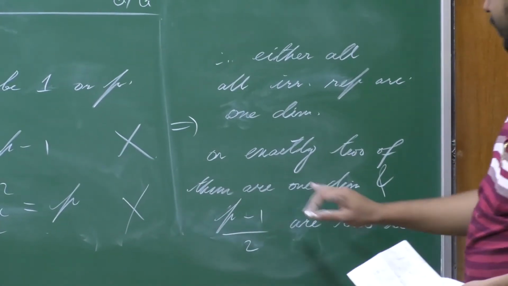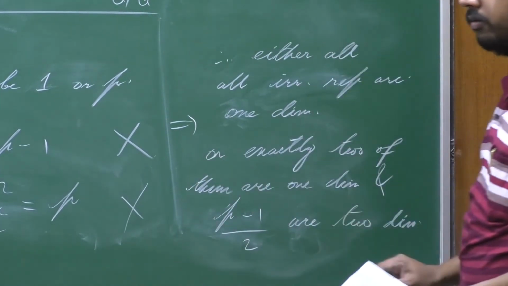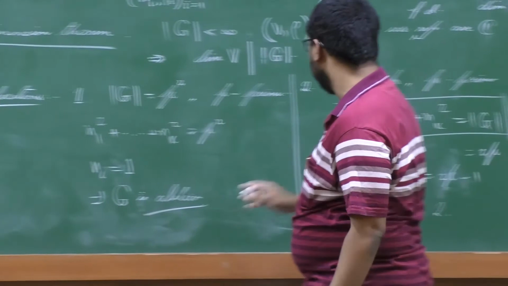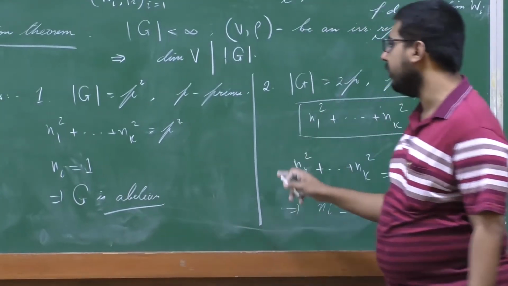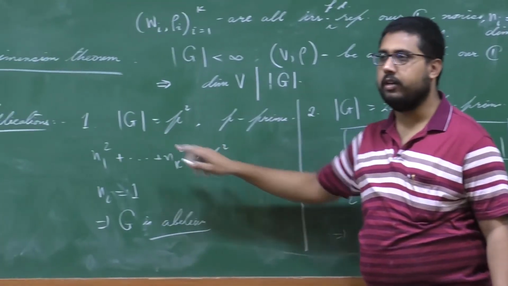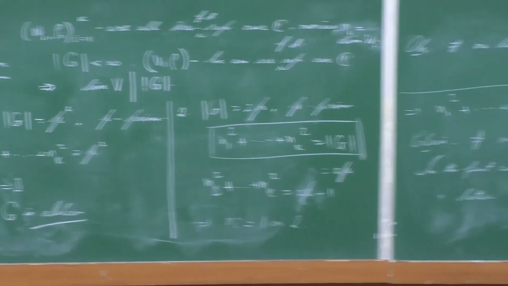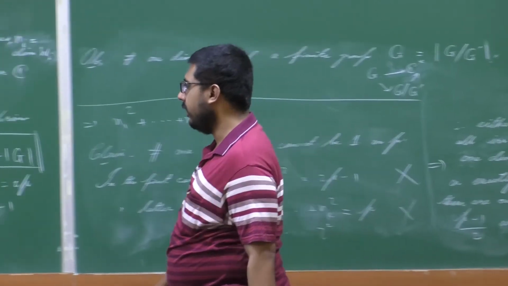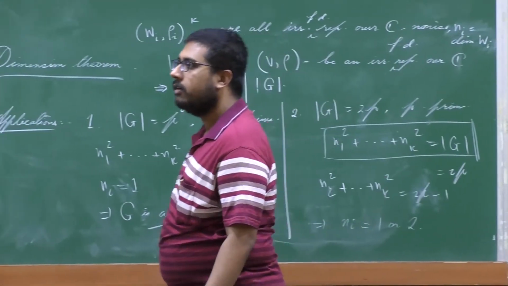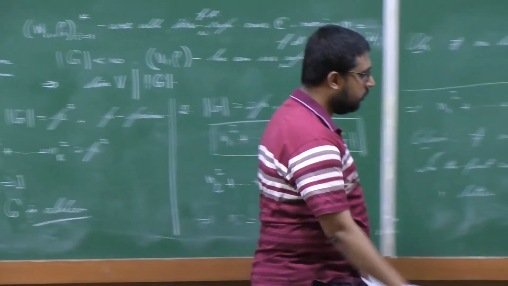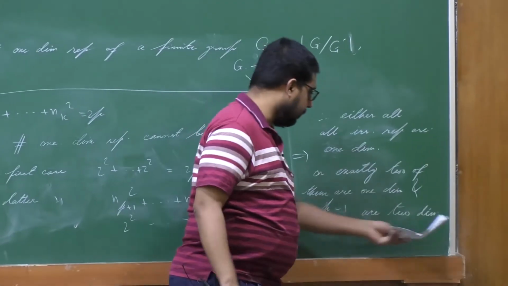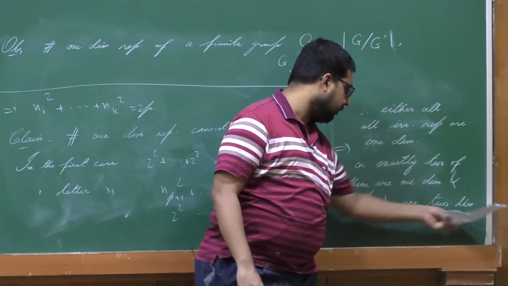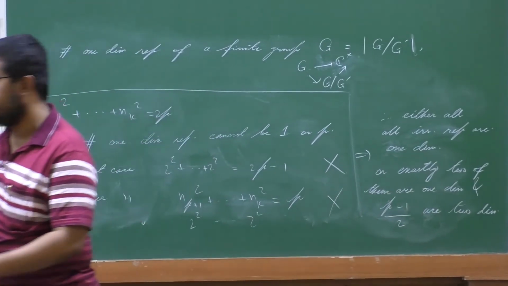Remember that when we have only 2 one dimensional representations, that forces p to be an odd prime, because if p is the even prime then that falls in the other category. If we have only 2 one dimensional representations, then the group must be non-abelian. p must be odd in particular, and therefore (p minus 1)/2 is an integer, and we have exactly this many 2 dimensional representations.